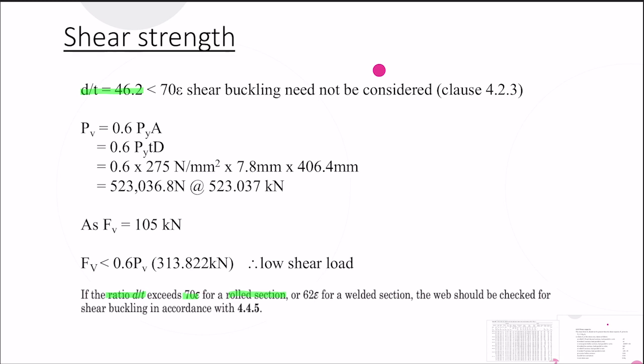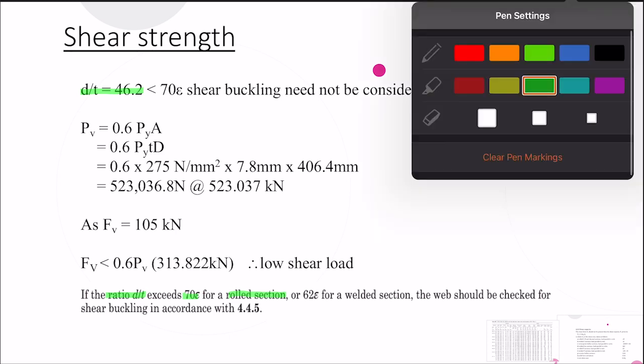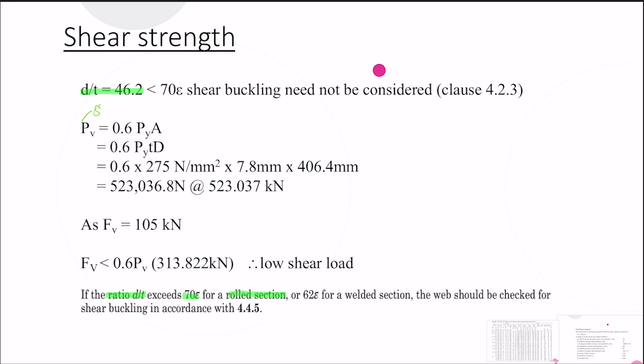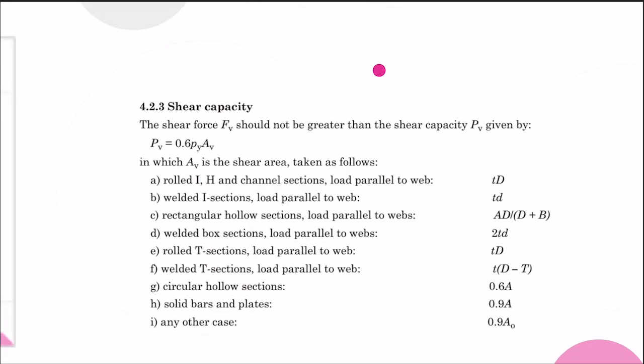Okay, using the formula of PV, which is the shear capacity, equal to 0.6 PY A. This formula, as I mentioned in the theoretical part of this chapter, I get from this table. Okay, so this table is from BS, 0.6 PY A. And A here is referring to, we use rolled I section, alright?